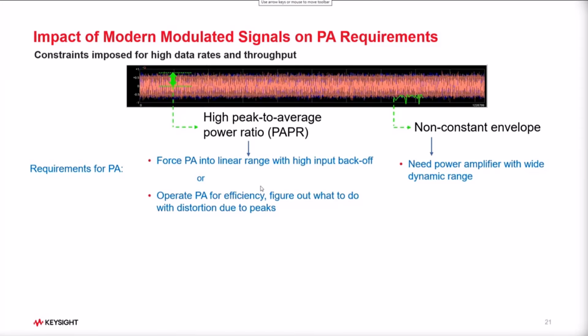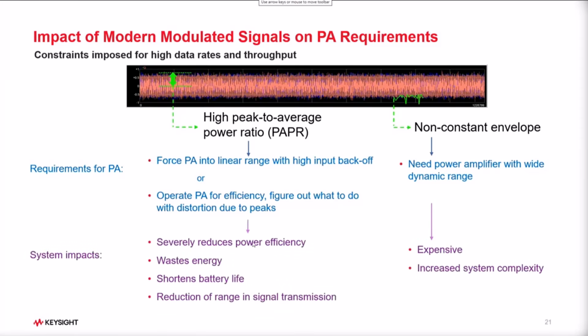But this brings a problem because your efficiency takes a hit. Depending on peak to average ratio, maybe at the peaks you are getting good efficiency, but at the mean level you are getting very bad efficiency because you are operating in a back off mode, meaning you are working away from the 1 dB or 3 dB compression point, right?